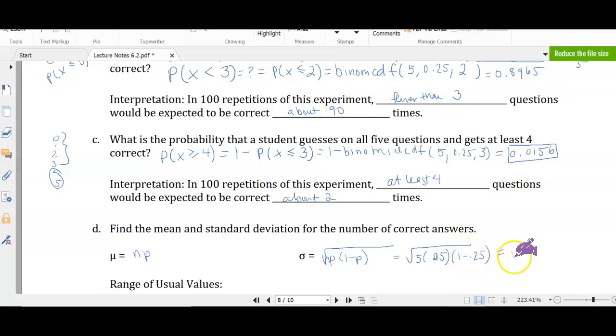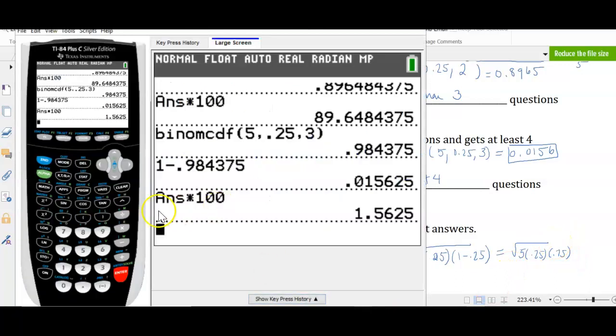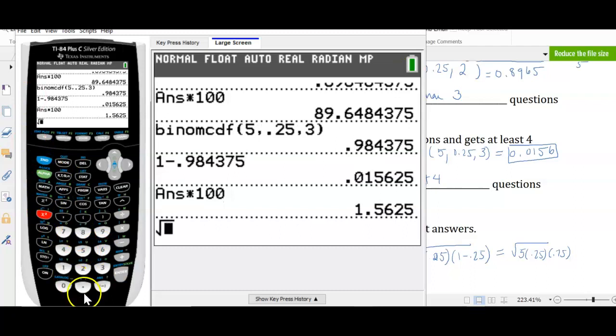So we have the square root of 5 times 0.25 times 0.75, and you go through and do that. If you write 1 minus 0.25, you need to use the parentheses, by the way.